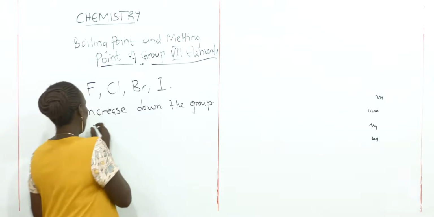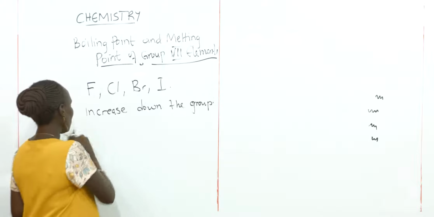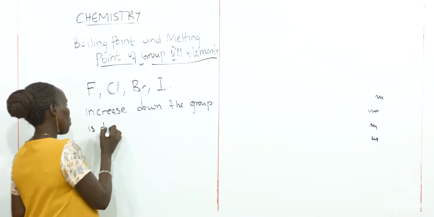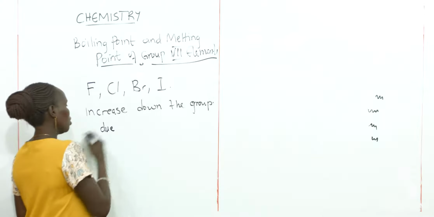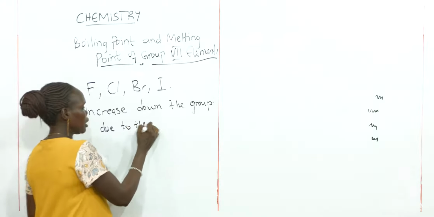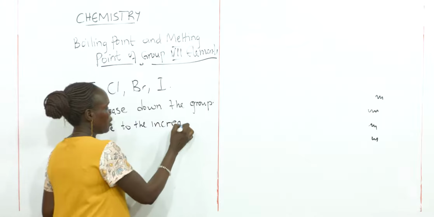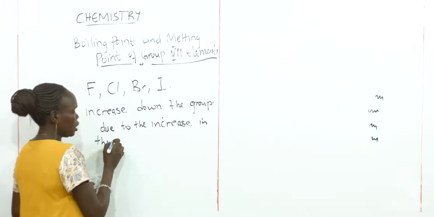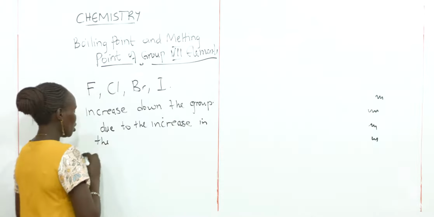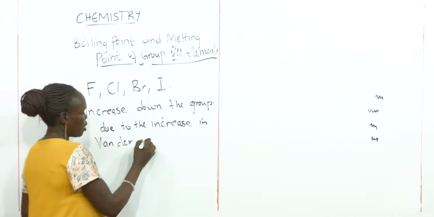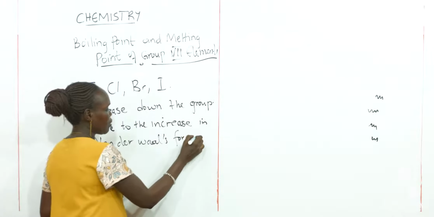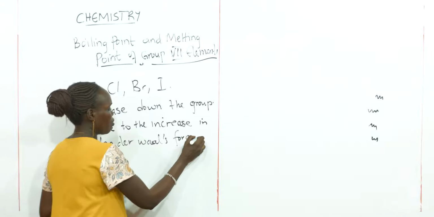This increase in the melting point and the boiling point is due to the increase in the van der Waals force, and this force increases as you move down the group.